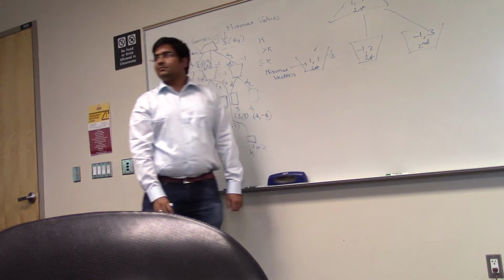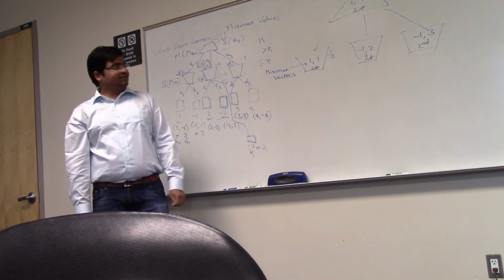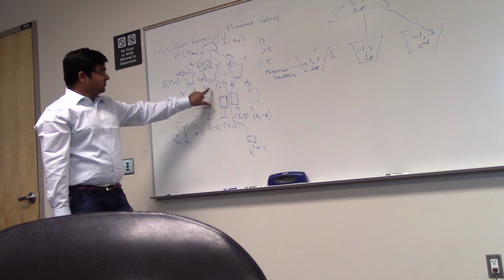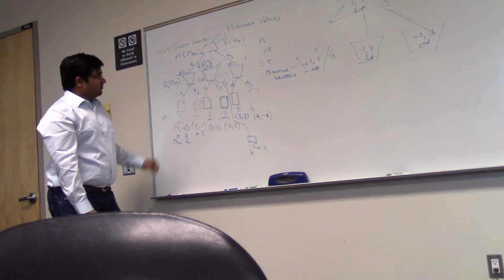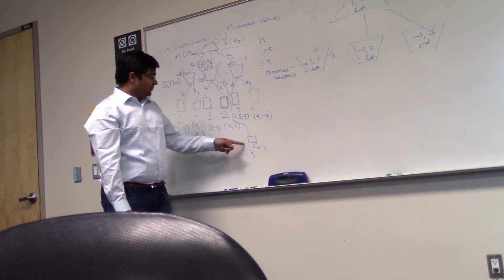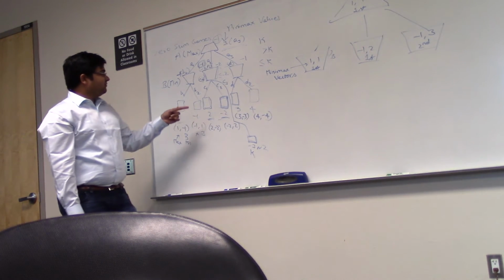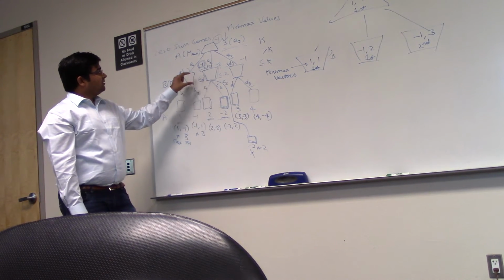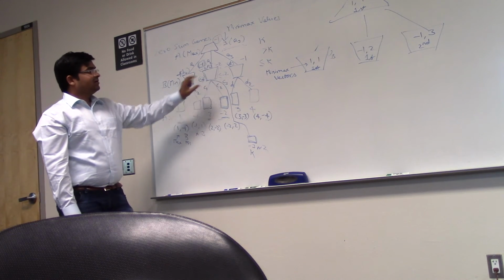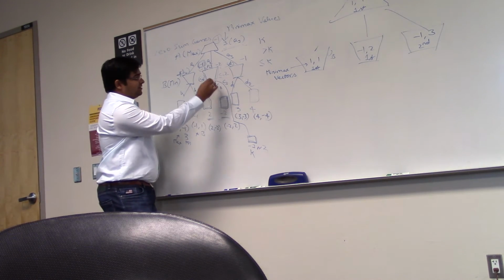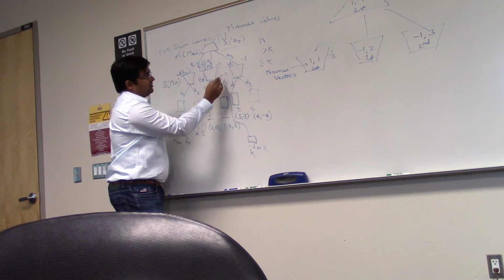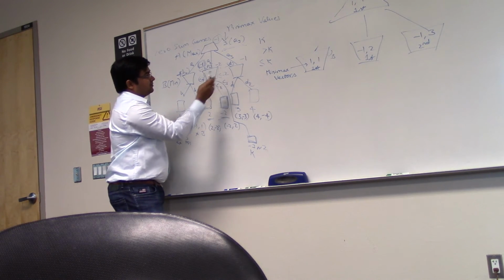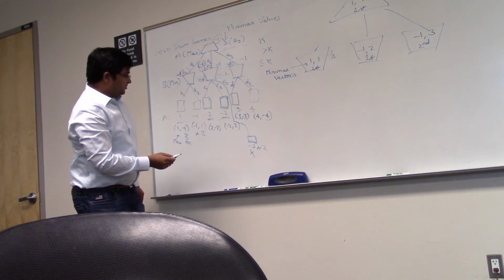So while doing so, what did we do here? We have discarded one node because we knew that max of UB cannot be greater than 2, right?